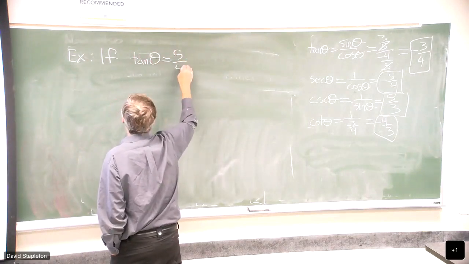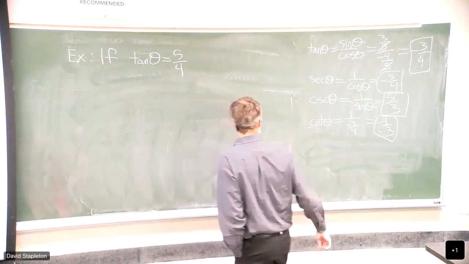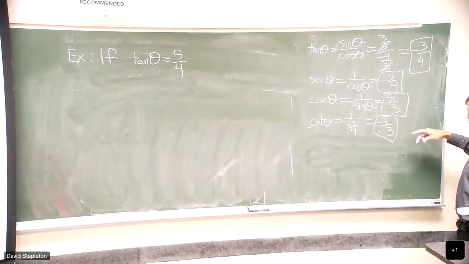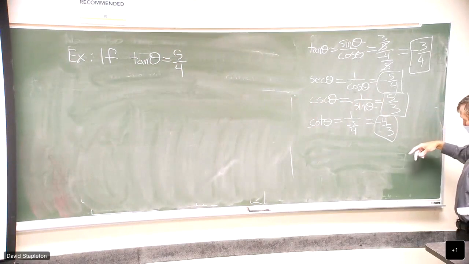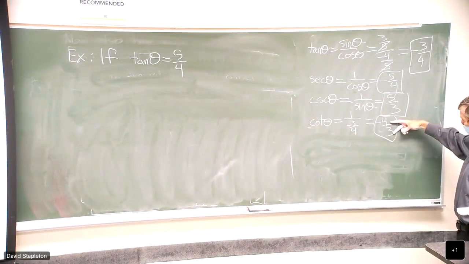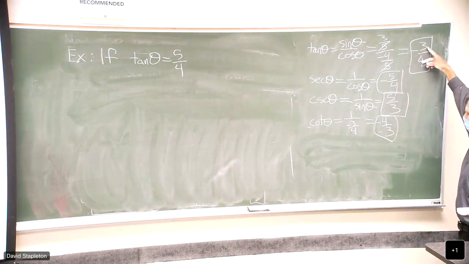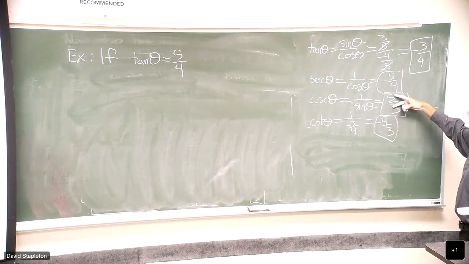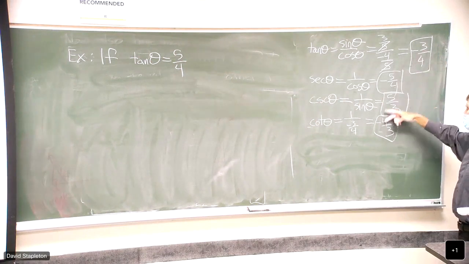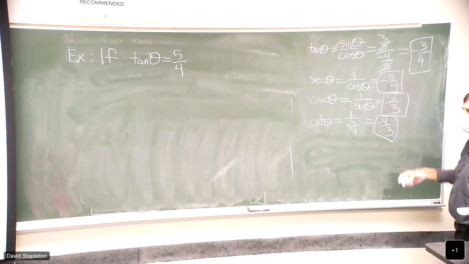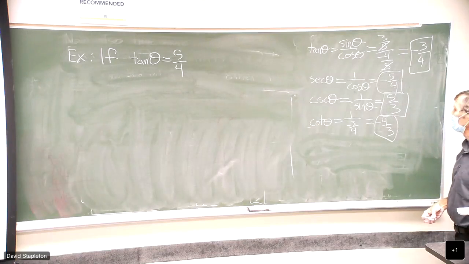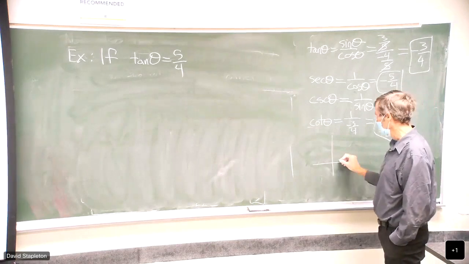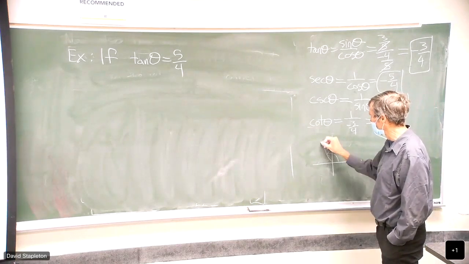By the way, you're going to see some common ratios in here. You notice in these last 6 trig functions, every ratio just had 3 numbers in it: 3, 4, and 5. Every one of these 6 things was a ratio with 3, 4, or 5 on the top and bottom, 2 of those 3 numbers, and some of them had minus and some of them didn't. That's going to be a common theme here. It was taking an angle in quadrant 2 where you had a 3, 4, 5 right triangle.